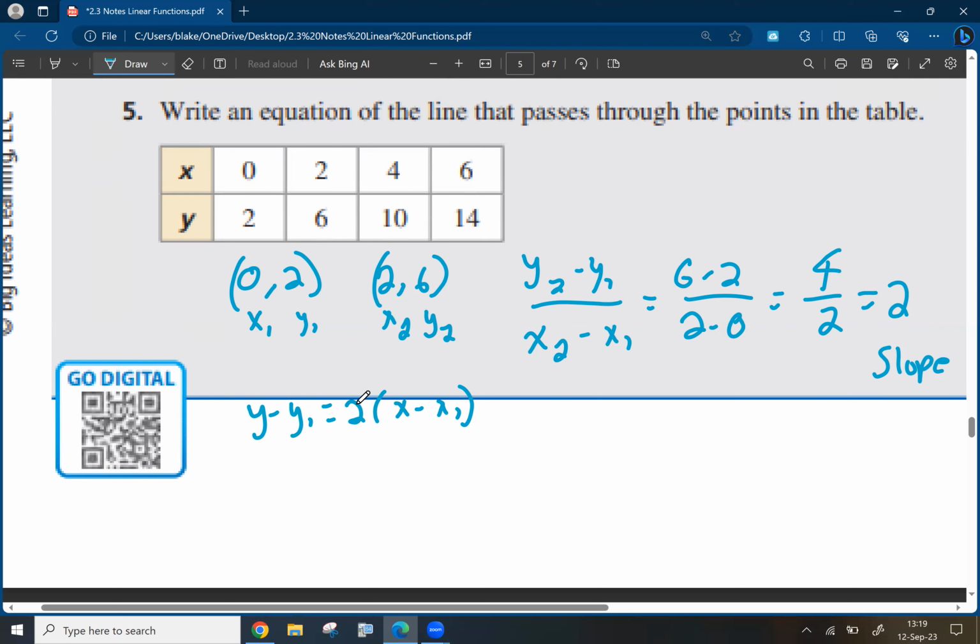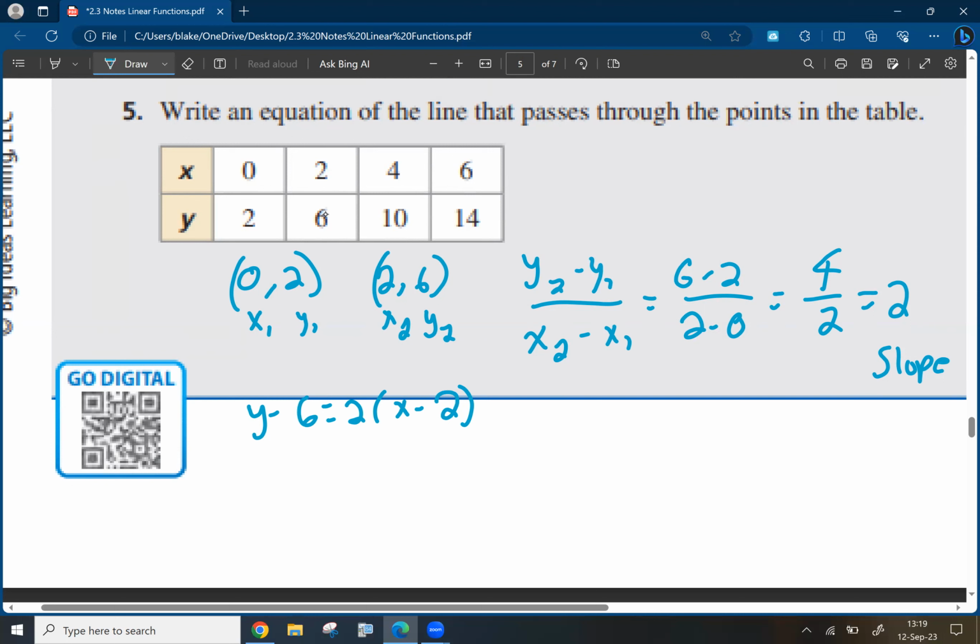Now I just need to substitute x1 and y1. I can use any of these points, it doesn't matter. Let's use the (2, 6) point. So 2 is the x value and 6 is the y. I'm going to put 2 for x1 and 6 for y1. And there you go, there's your equation.